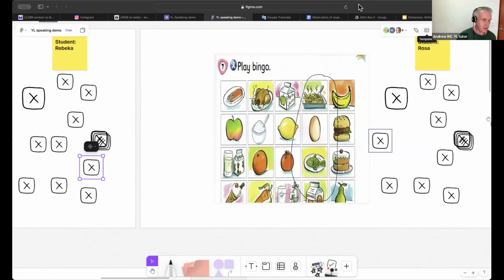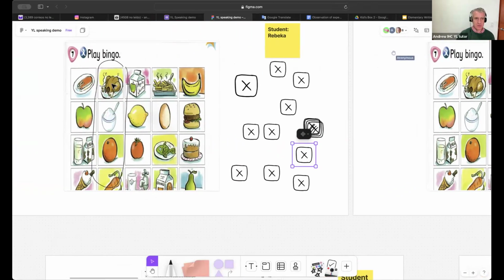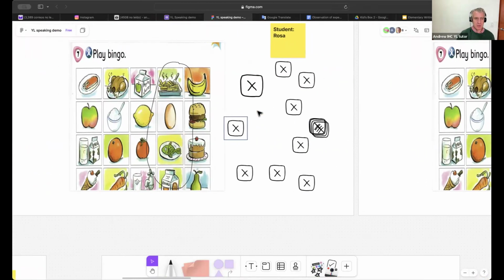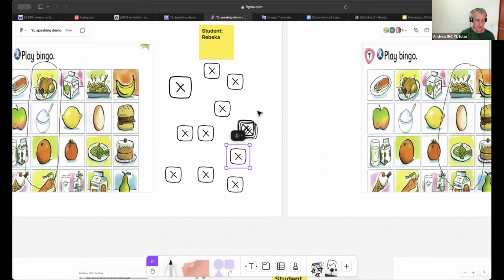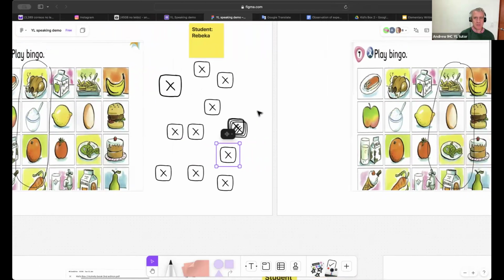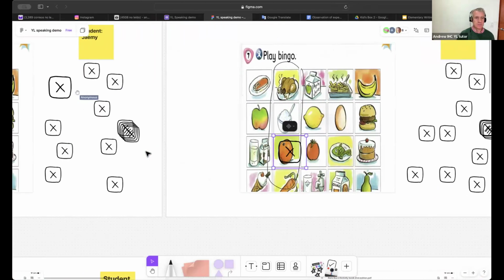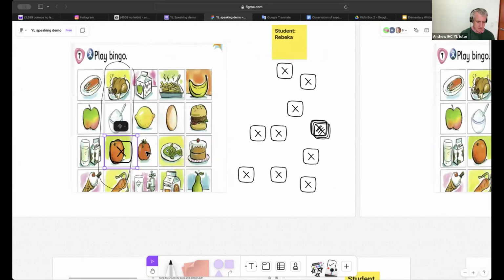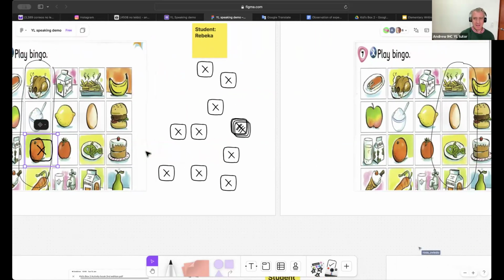All right, so let's play the bingo then. So if you hear one of the words from your column, you put the X on there. So first one is going to be carrot. Then it's going to be orange. Oh, sorry, yeah. Pear.